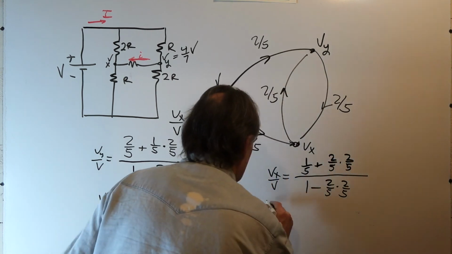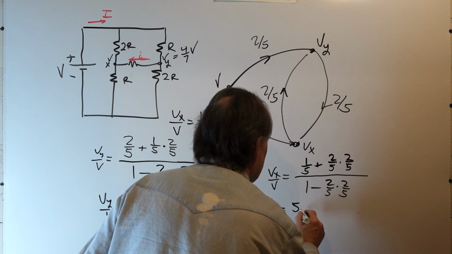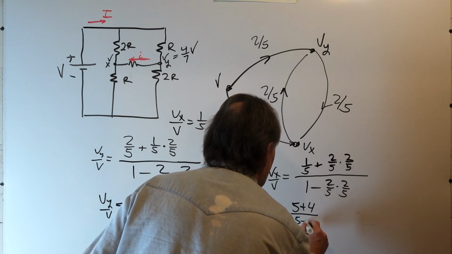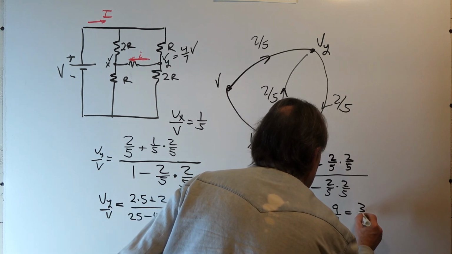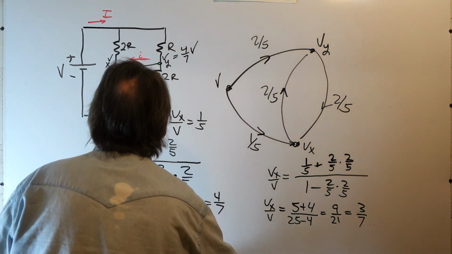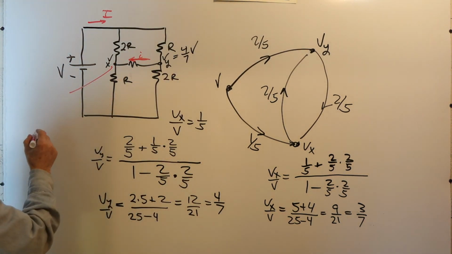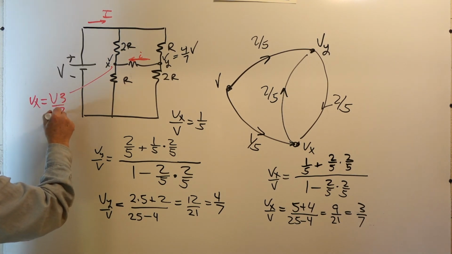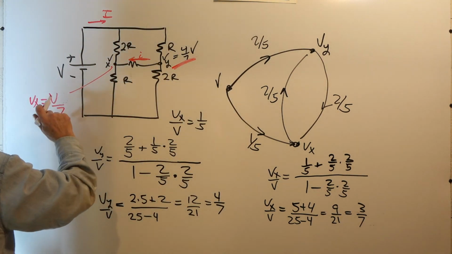And if we multiply numerator and denominator by 25, we end up with 5 plus 4 over 25 minus 4, or 9 over 21, or 3 over 7. So we see then that our Vx node voltage is V times 3/7, and our Vy node voltage is 4V over 7.